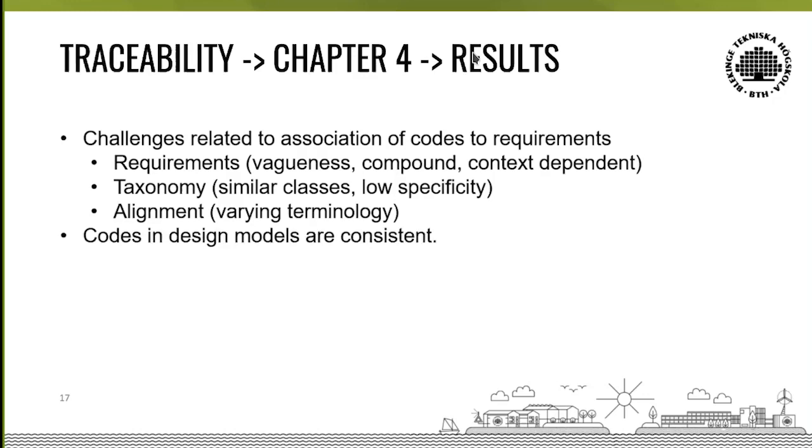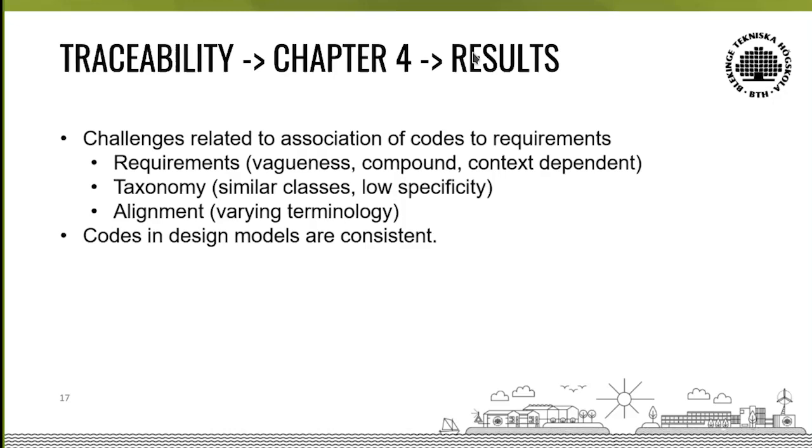Now, the other side of the coin: the requirements are associated with the taxonomy, but the taxonomy should also be associated with the destination, which in this area is the design models that we have in infrastructure projects. For these design models, we looked at feasibility, if they were coded by the same classification system by humans, and we investigated if the association of codes in these design models was consistent.